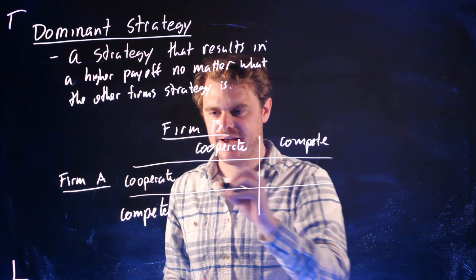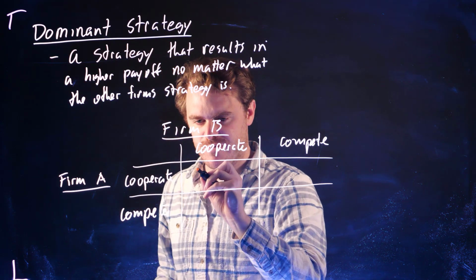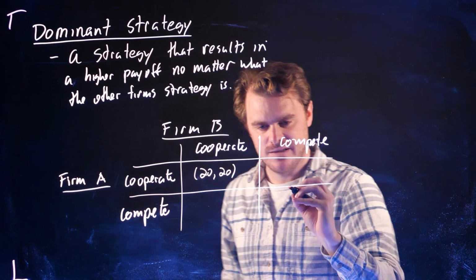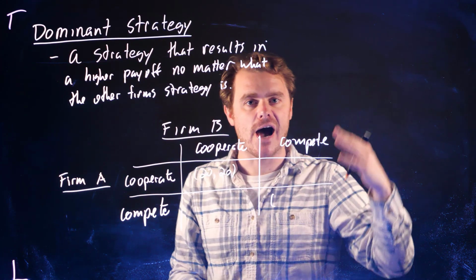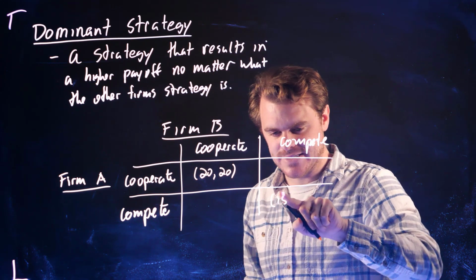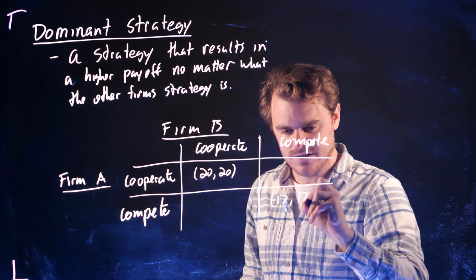Then we could make our payoffs. Remember, if they cooperated, they split the monopoly outcome and they each got 20. If they both competed, they'd produce a higher Q, which would result in a lower payoff each, and I think it was 17 each.